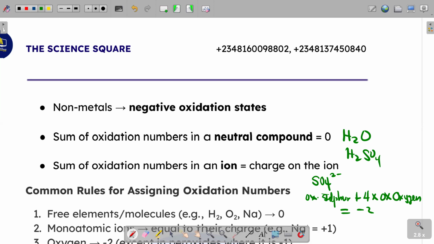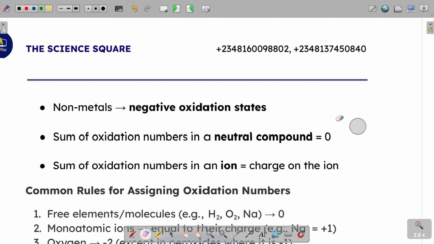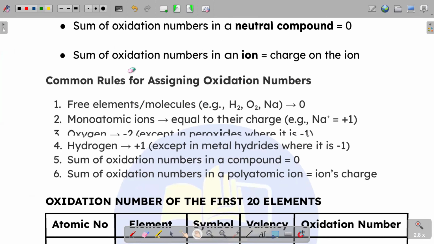Okay, so these are some very basic rules for deriving the oxidation state of unknown elements within a particular compound. Now let's look at some other very important rules that you need to be familiar with when trying to calculate oxidation number.